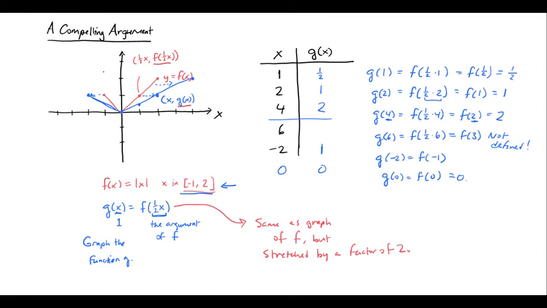Because for any given input for g, I'm referencing what happened to f closer to the x-axis, and then I'm pulling that back out in order to create a point on the graph of g. So the moral of this video was to illustrate this principle of what happens when I multiply the input of f by a constant.